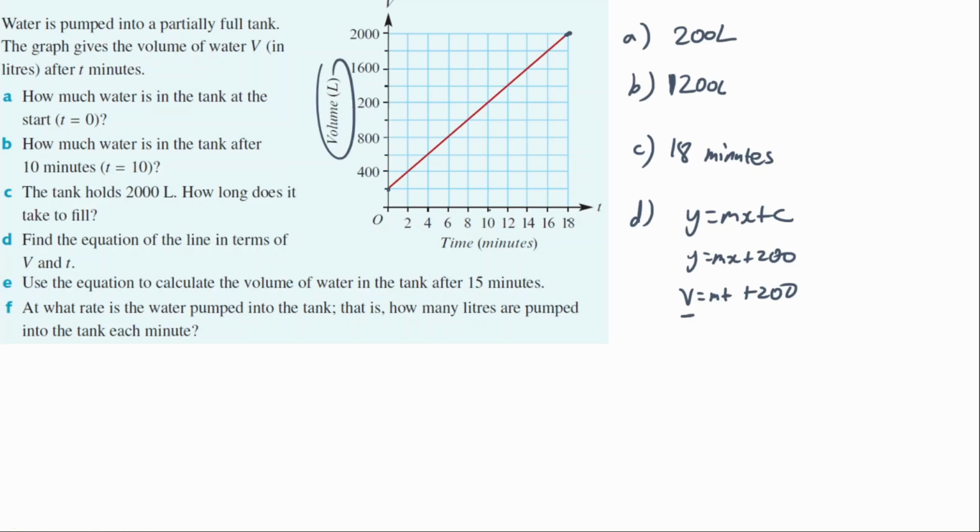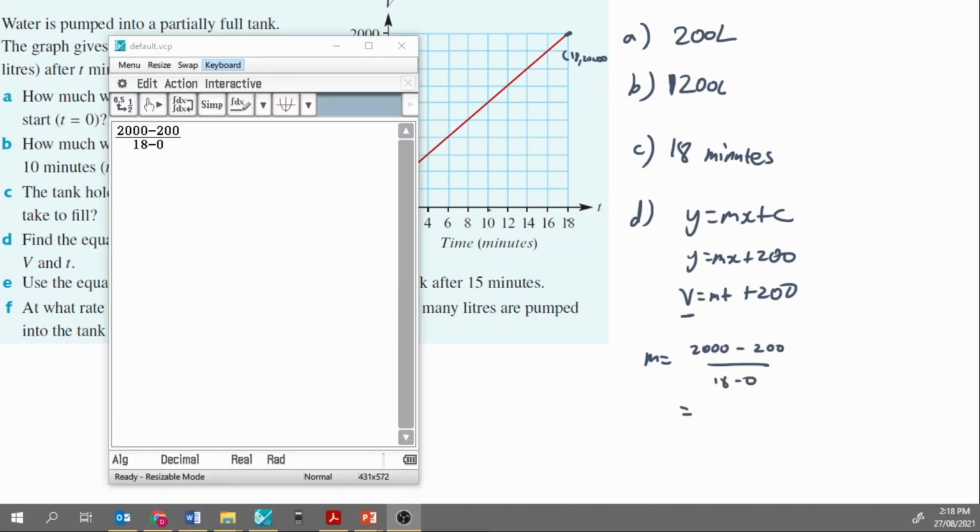And now to find my gradient, just remember it's rise over run, just pick any 2 points. You can pick that one there and that one there. That's 0 to 200, whereas that one is 18 to 2000. So my gradient is going to be 2000 minus 200 over 18 minus 0, and put that into your CAS calculator like so, and that will give you a value of 100.